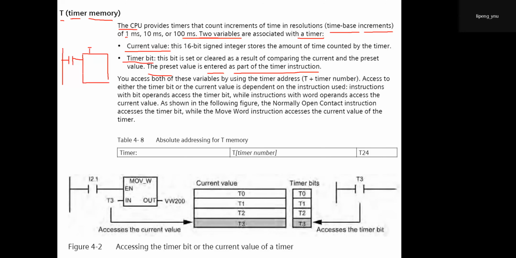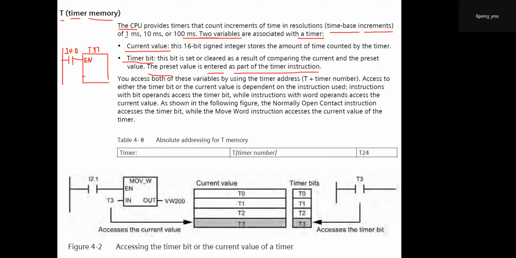It's timer 37, and this is the input signal I0.0, and this is the enable node, and this one is what?